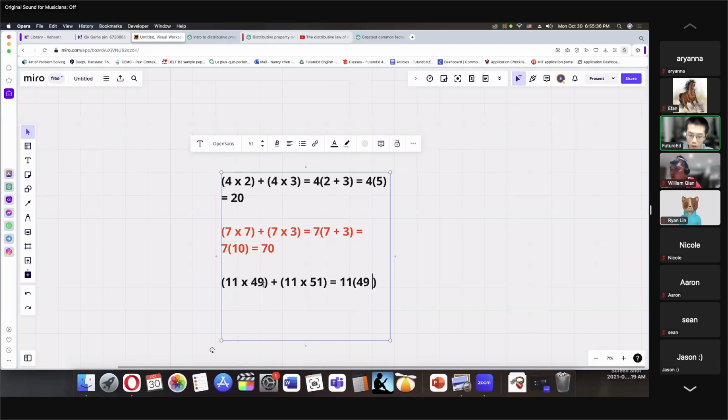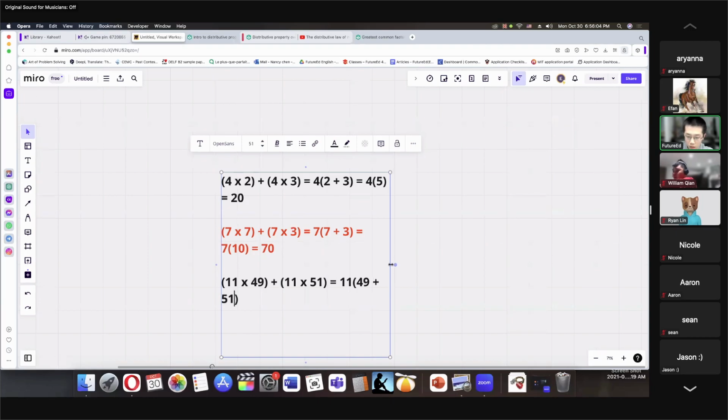You're not supposed to calculate it. You just need to factor out the 11, which means you take the 11 out of both expressions. That's the point of the greatest common factor. So on the left side, you can take out an 11, and on the right side, you can take out an 11. So on the inside, all that's left is a 49 and a 51.